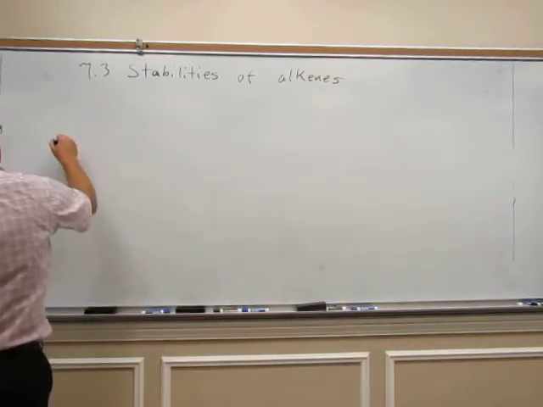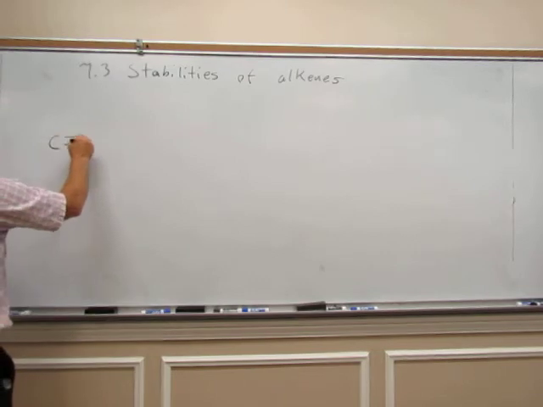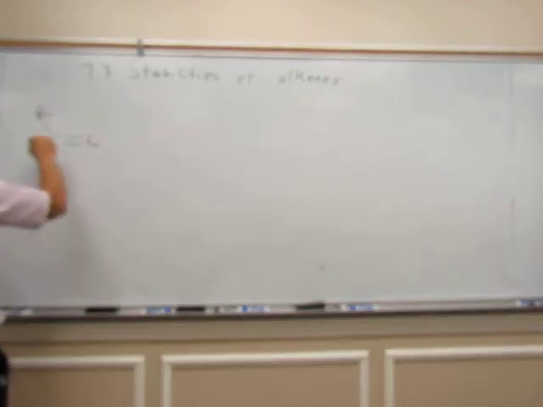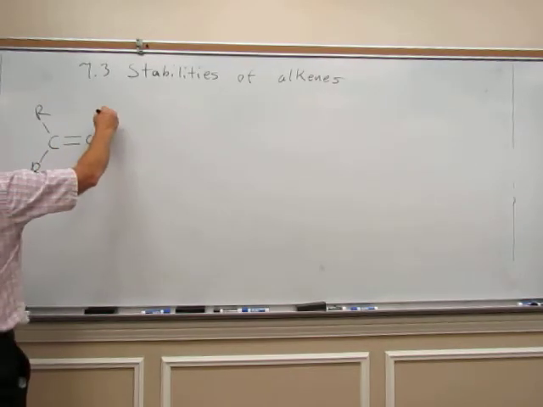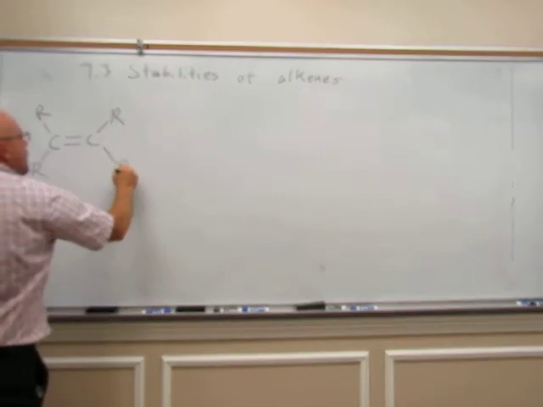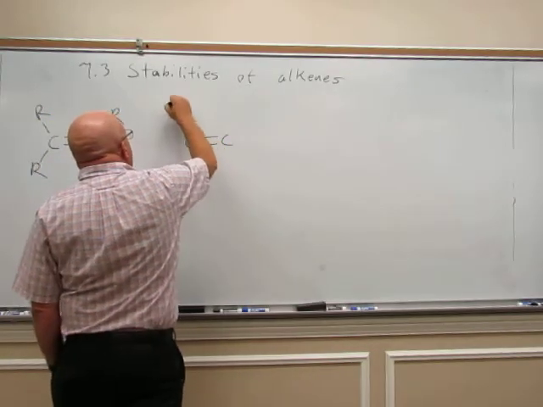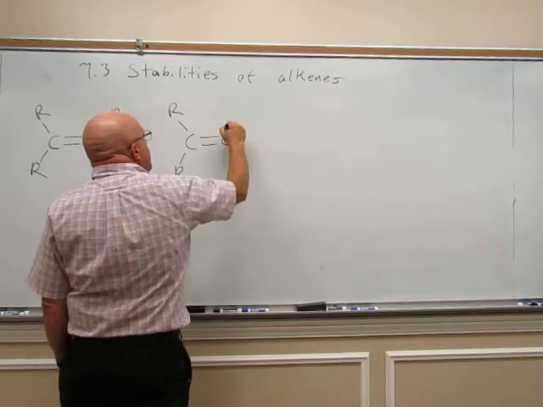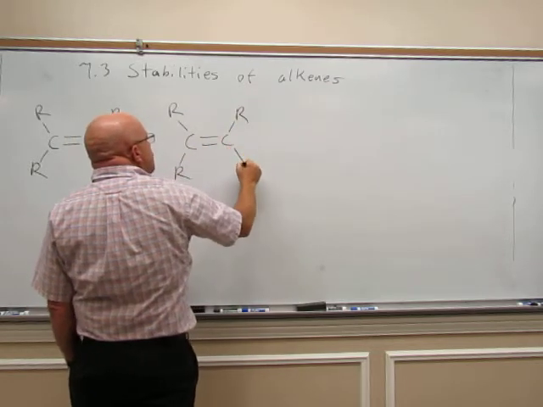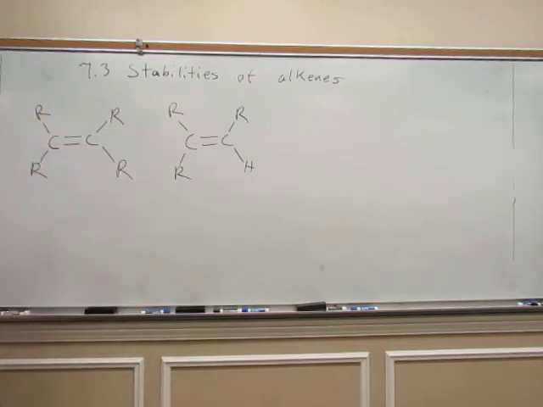I'm going to put up two generic alkenes here. We'll put up more in a moment, but let's just start with two of them here. And I'm doing generic with some R groups out here. The first one has got 4 R groups there. We call this a tetrasubstituted alkene.